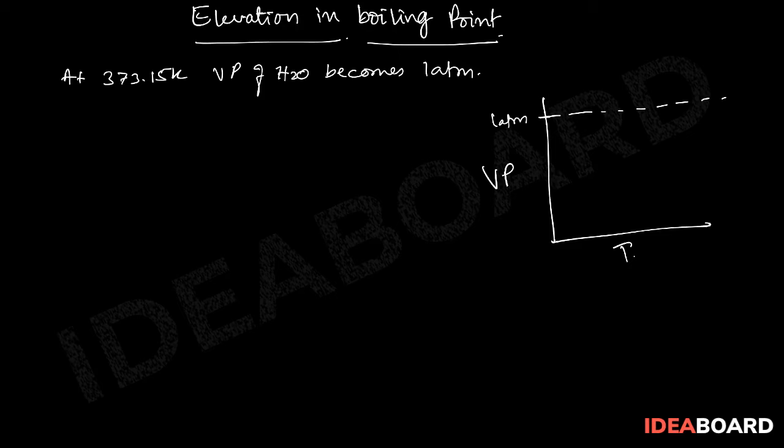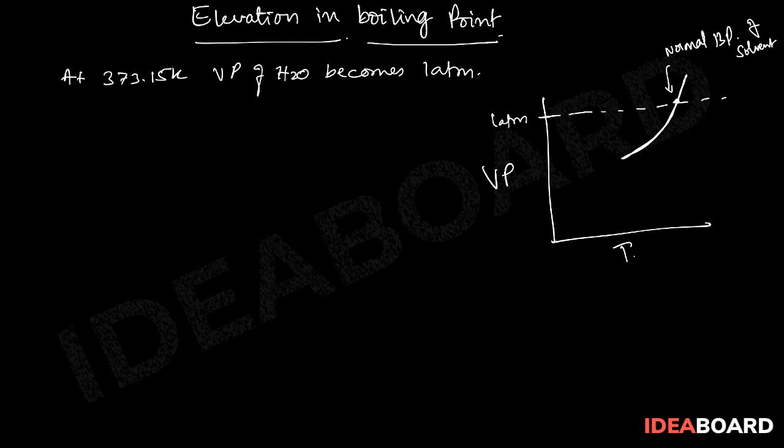So suppose this is the solvent line. So basically the vapor pressure of the solvent increases with the temperature, and at a certain temperature the vapor pressure becomes equal to that of atmospheric pressure. So at that temperature what happens? The boiling starts. So this is actually normal boiling point. Normal boiling point. So that is of solvent.